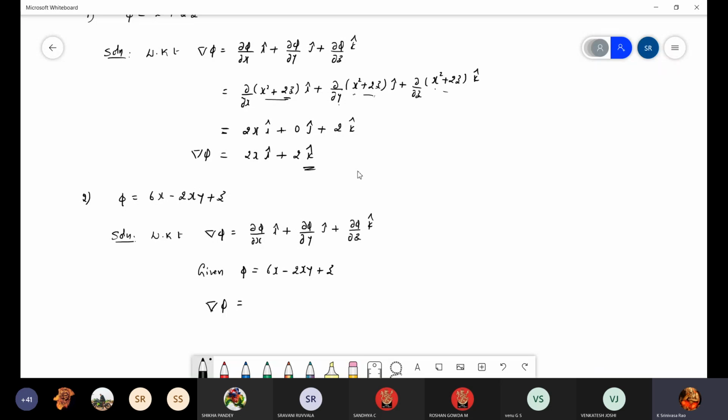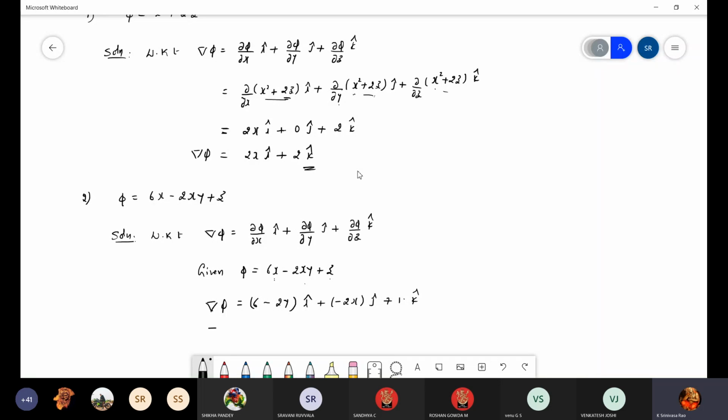Grad phi equals, differentiating phi with respect to x, you will get 6 minus 2y, is it right, into i cap, plus with respect to y, 6x gives 0, you will get minus 2x, minus 2x j cap, plus finally with respect to z, first term 0, second term 0, only differentiation of z is 1, so 1 into k cap.